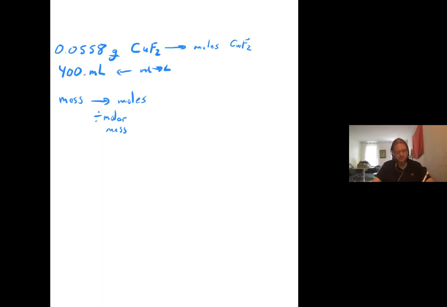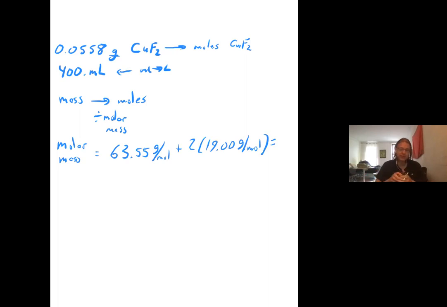We have 1 copper, that's 63.55 grams per mole, and 2 fluorines, so 2 times 19. So 63.55 plus 38 gives you 101.55 grams per mole. There's your molar mass.